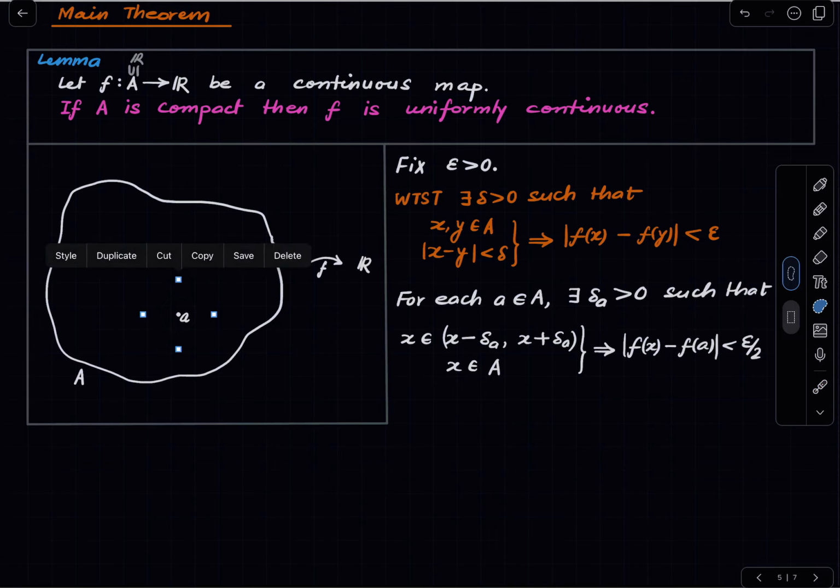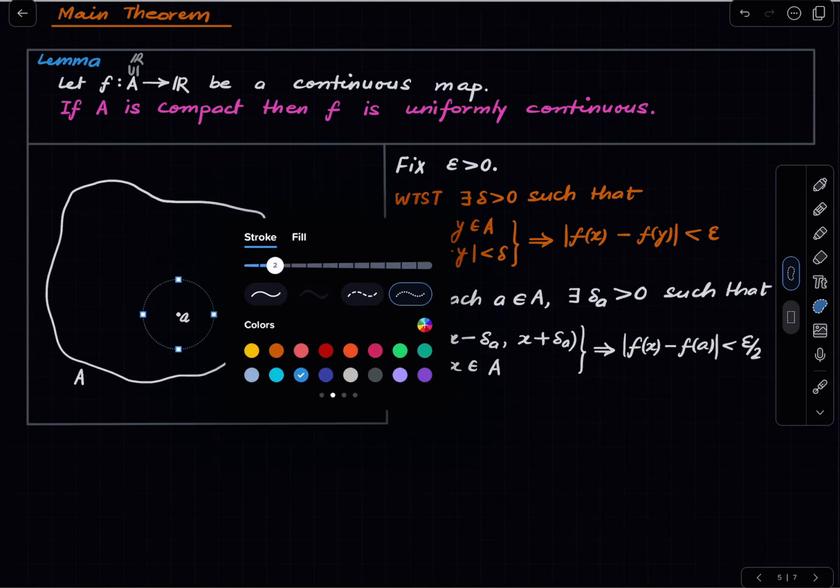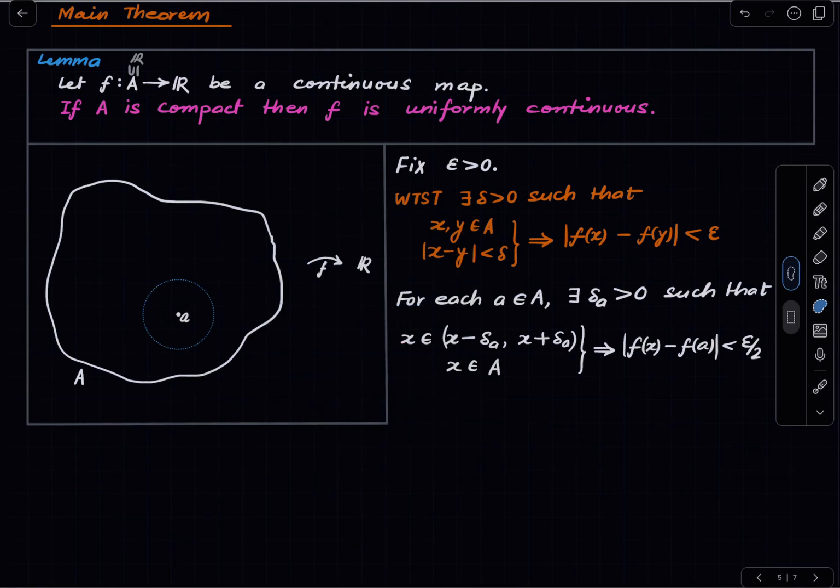Okay. So this circle that I've drawn denotes V_a. Even though it looks like a circle, it is after all the interval. So this interval is V_a. In the figure, it is looking like a circle. Okay.